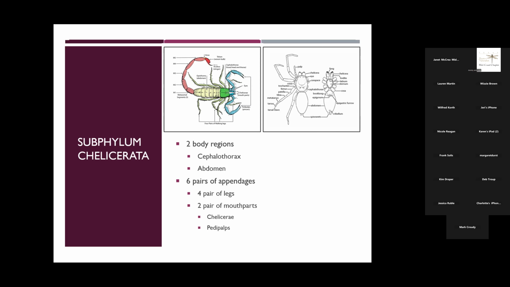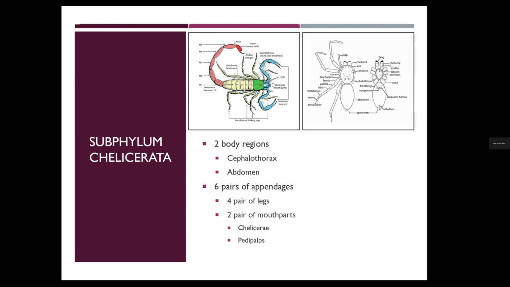So the elongated pincher claws that you would see on a scorpion are actually mouth parts known as pedipalps. That is what they use to grab a hold of their food and pull it in towards the chelicerae, which is the other part of the mouth that will masticate the food, and then they start to digest it at that point.